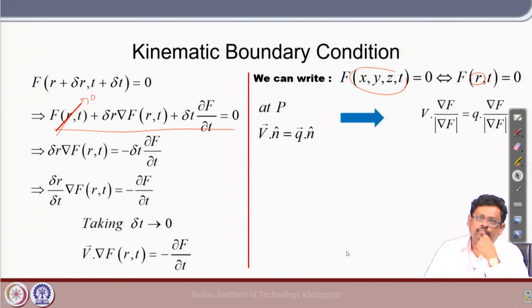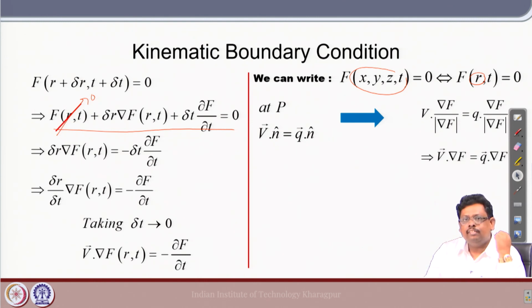Therefore, I can write V · grad f/|grad f| = Q · grad f/|grad f|, and then we have V · grad f = Q · grad f, because the modulus of grad f is a scalar term and cancels out on both sides.